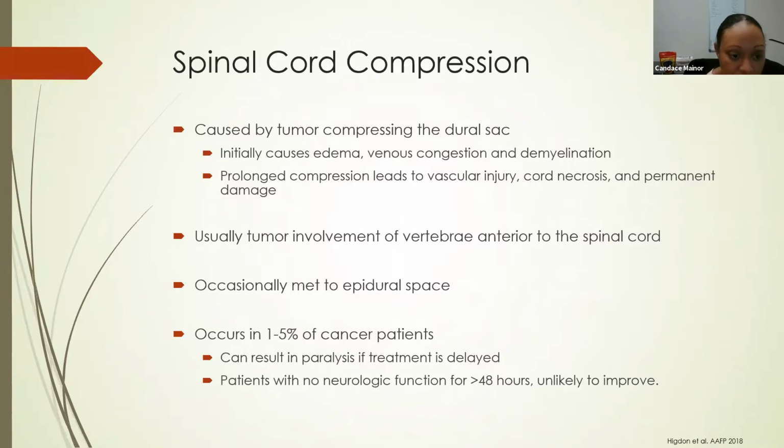On the whole, spinal cord compression occurs in about 1 to 5% of patients with cancer. It's important to note that early diagnosis is key to regaining strength. So cord compression can result in paralysis if treatment is delayed. And patients typically with no neurologic function for greater than 48 hours are unlikely to improve. So for this one, it's particularly important to act as soon as the level of suspicion is there.